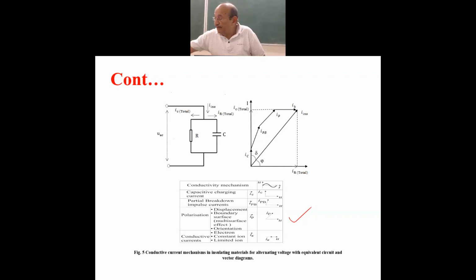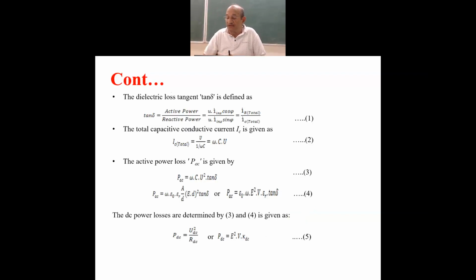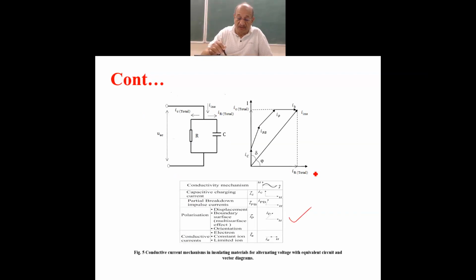So, as we were here yesterday, tan delta, as from the figure shown in the previous slide, is equal to active power upon reactive power, and from that figure you can make out that it is IR total upon IC total. If you once again want to see this, tan of delta will give you IR total upon IC total.